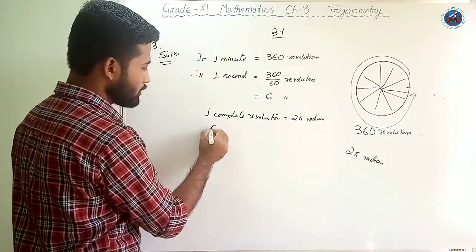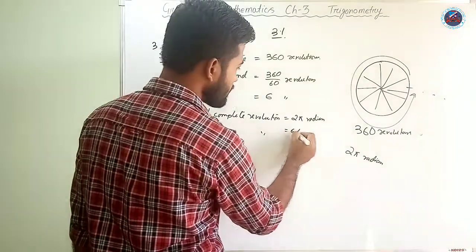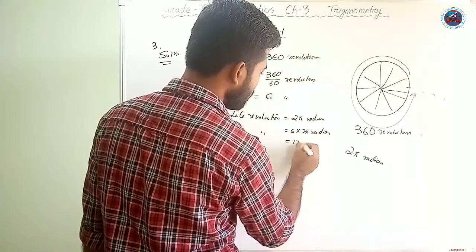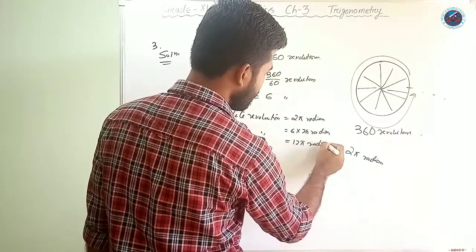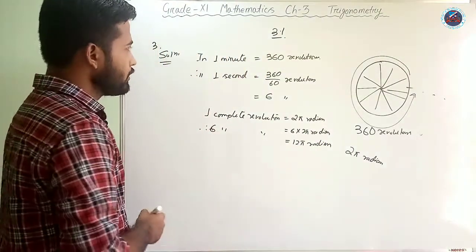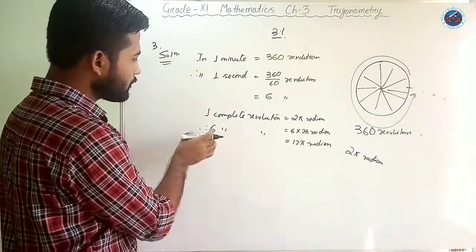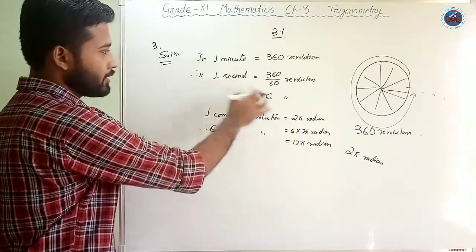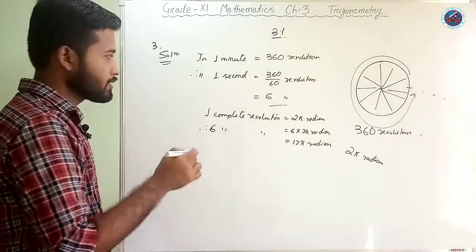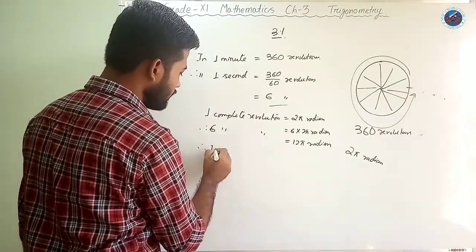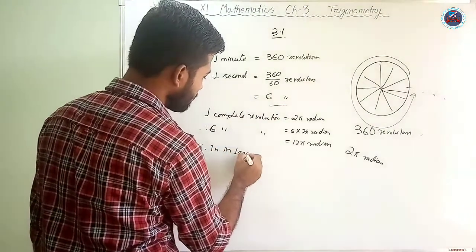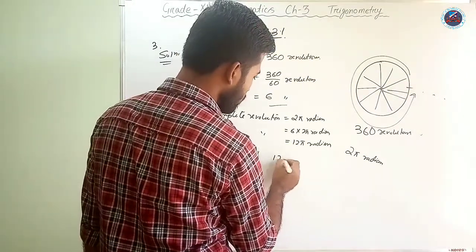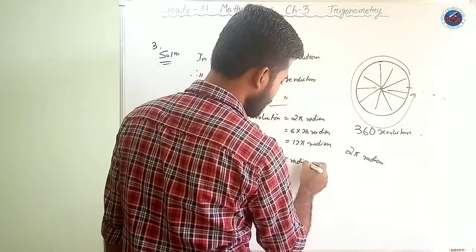Therefore, for 6 complete revolutions we have 6 into 2 pi radian. So that will be equal to 12 pi radian. And we have got that in 6 complete revolutions it is 12 pi radian, and in 1 second they have 6 revolutions. So therefore in 1 second the wheel turns 12 pi radians.